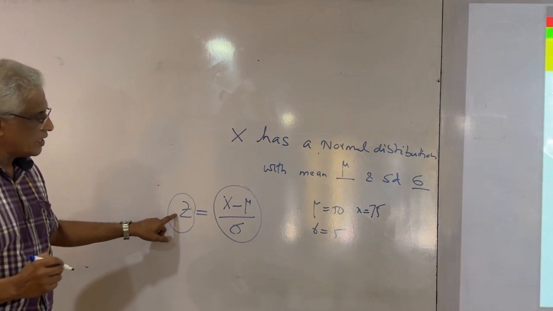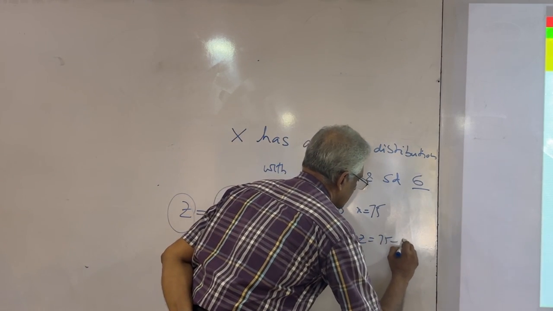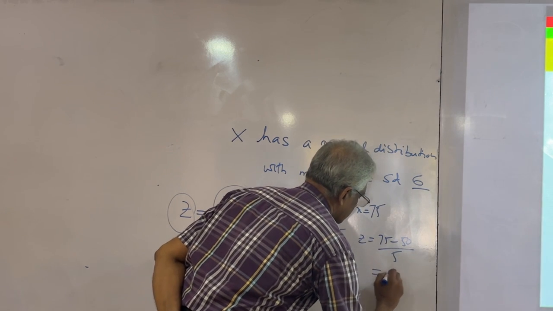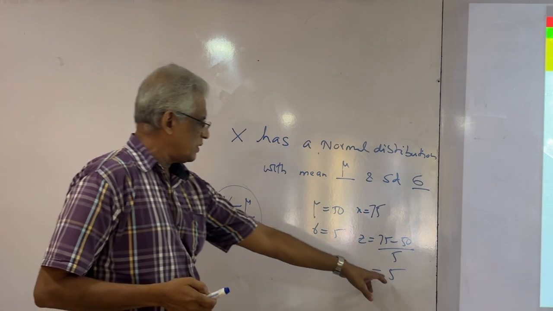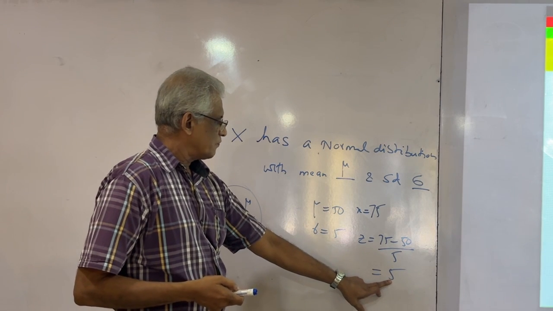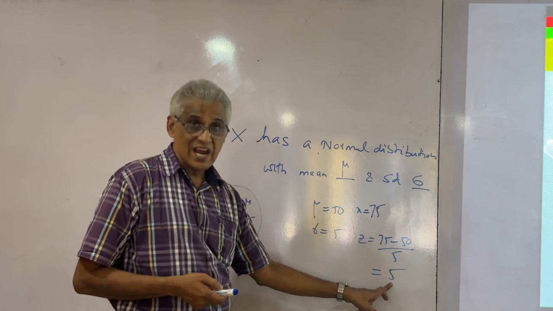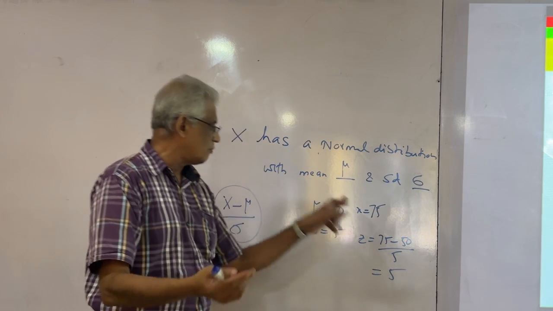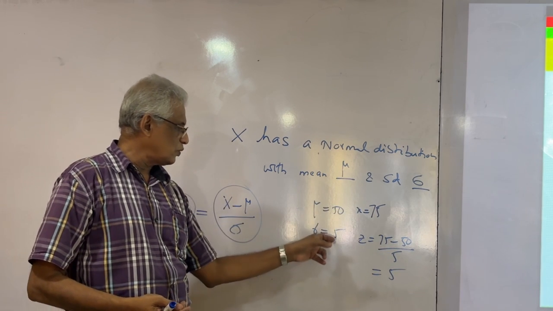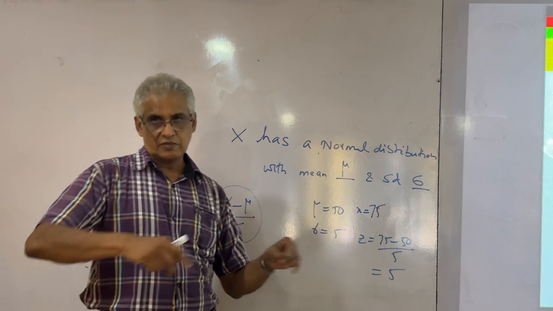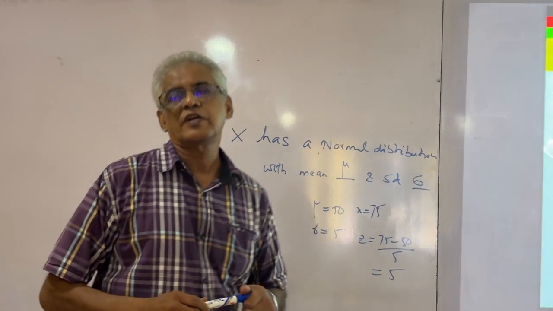If I calculate the Z value for that, Z will be equal to 75 minus 50 divided by 5, so that is going to be 5, right? So what does that 5 mean here? This means this x value is 5 standard units, 5 standard deviations away from the mean, right?